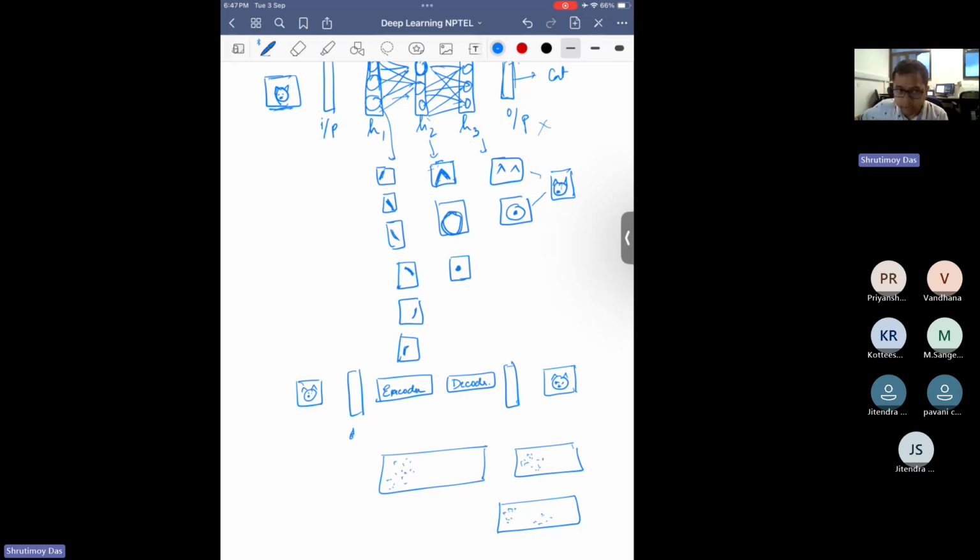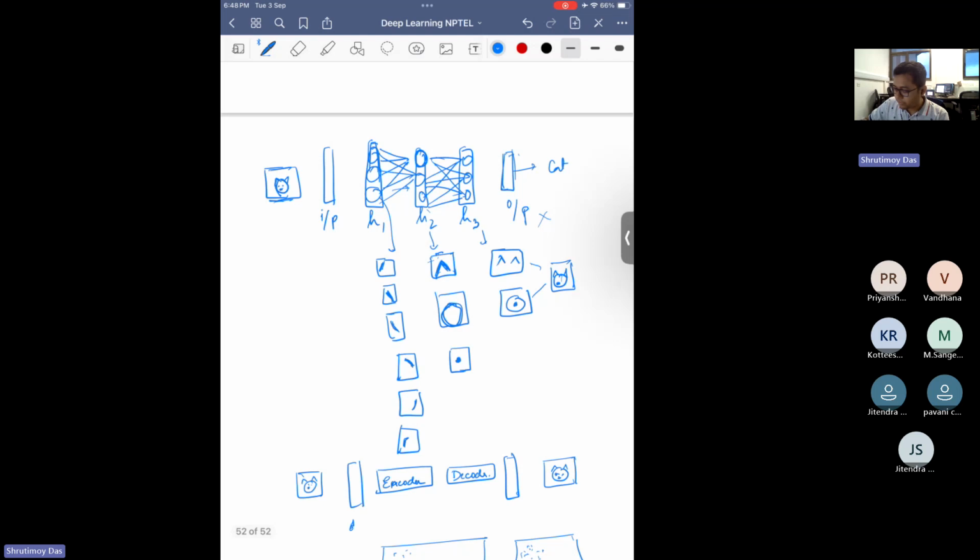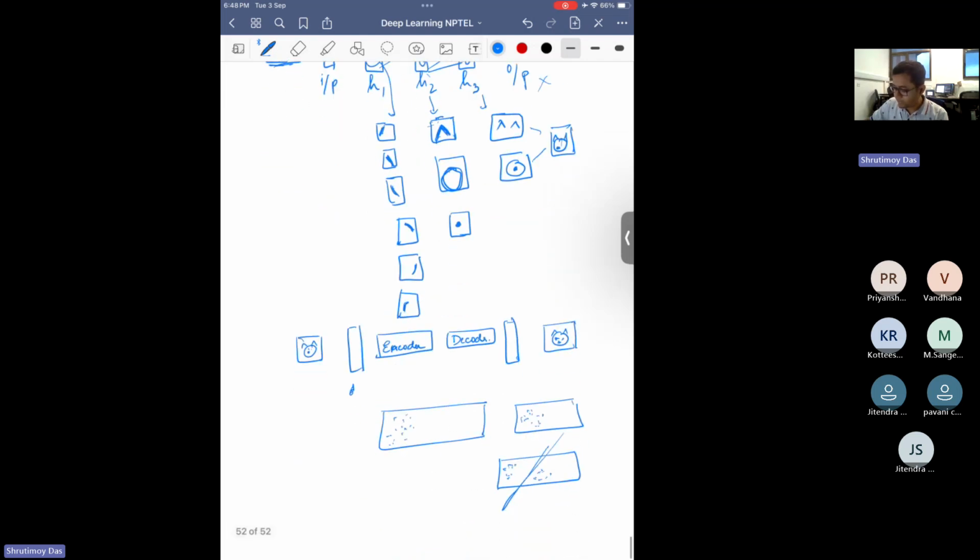So it will try to learn this representation in a different space. And if the data is very well separated, we already know that you can easily learn a linear classifier here. So that is the relation between encoders, the latent space, and why you use different numbers of hidden layers.